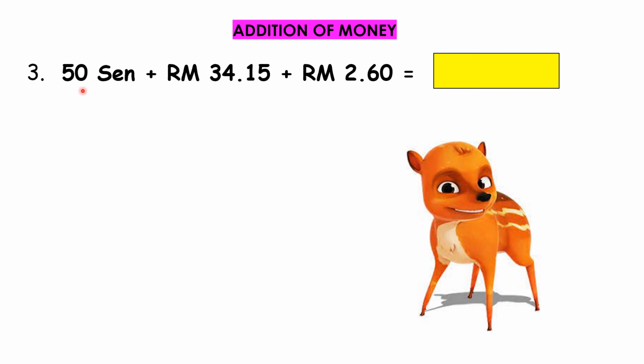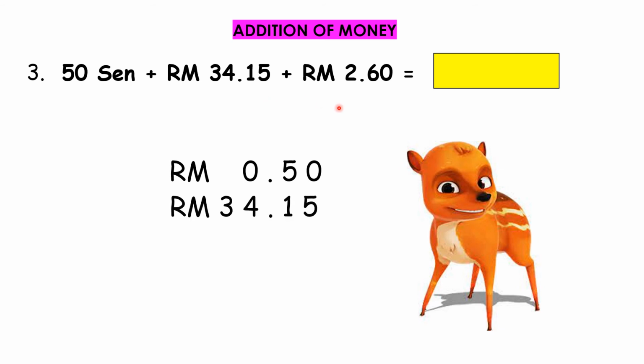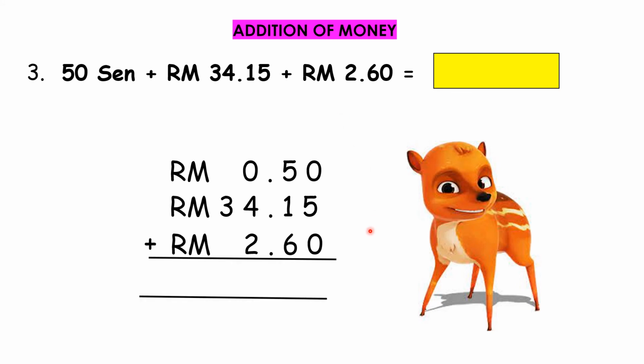So 50 cents, we have to convert it to RM. So how to convert it? Okay, it will be like this. RM 0.50. Okay, this is 50 cents. So and then we write 34 ringgit and 15 cents below, and then 2 ringgit and 60 cents. Okay, write plus and then underline.